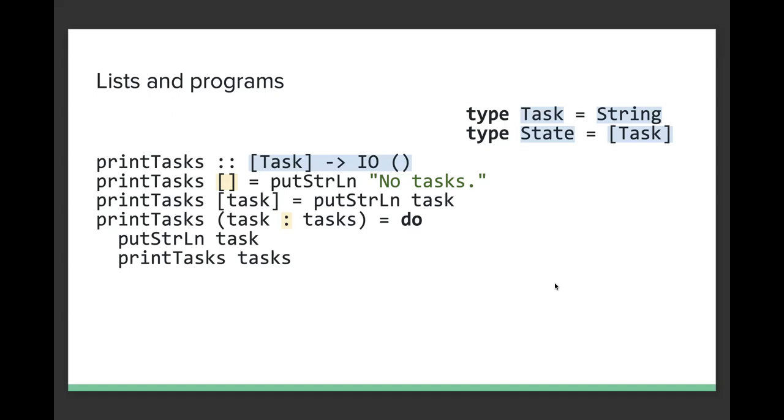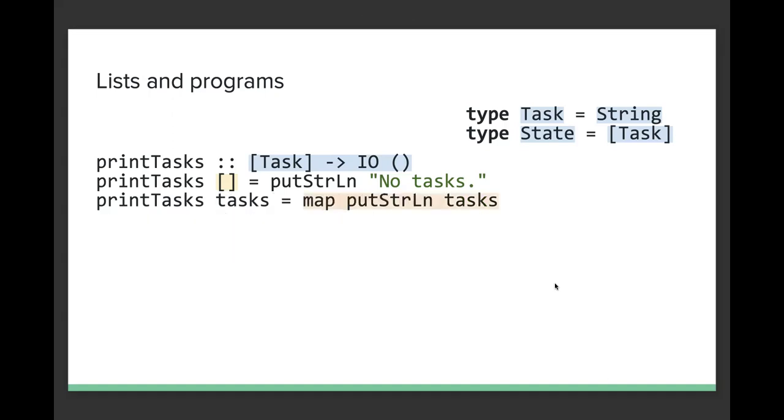But if you're applying a function to every element in the list, then which function should you immediately be thinking of? Map, right? So you would like to rewrite this as, again, two equations because the empty list is a special case. But for the non-empty list, you would like to just use map, right?